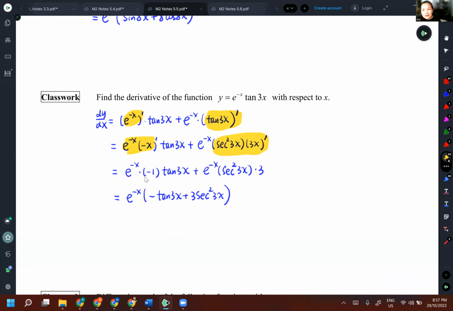I think at least half of the students should be able to write the third line directly. Not easy, but if you still need a few steps, you can learn how to write the steps to help you. Okay, you can write the product rule. You write down the product rule, and then you write down the chain rule to help yourself. But if you can skip all that, you can write the third line. And then the final answer should be vectorized.